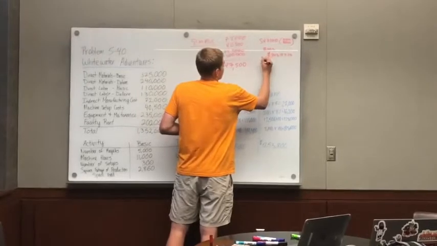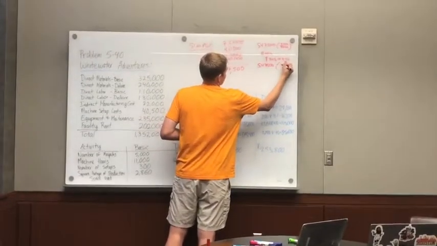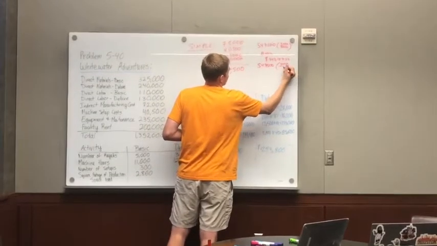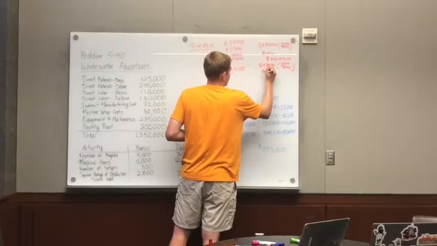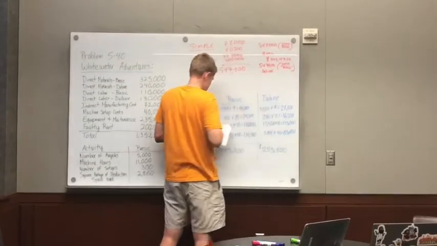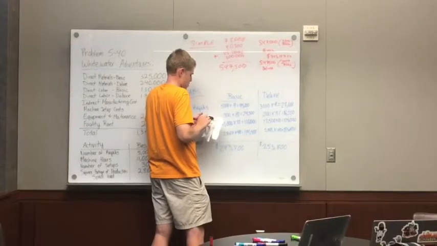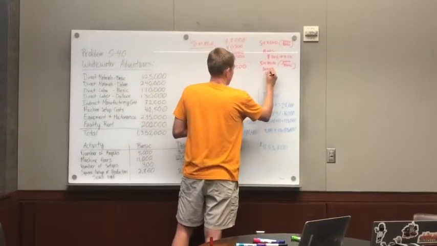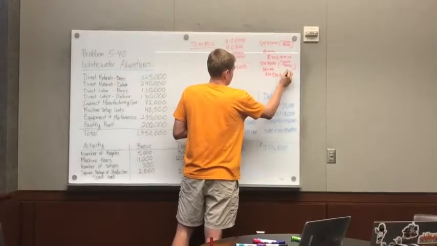Now for deluxe, we're going to take that total overhead number, multiply it by 3,000 over 8,000, for a total of 205,312.50.